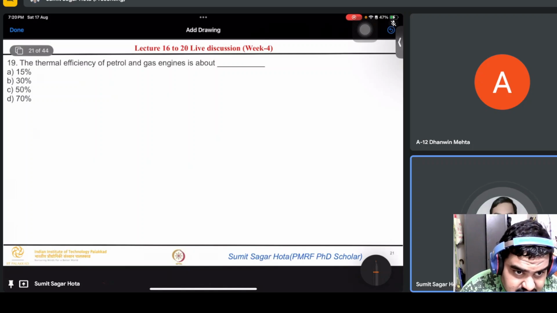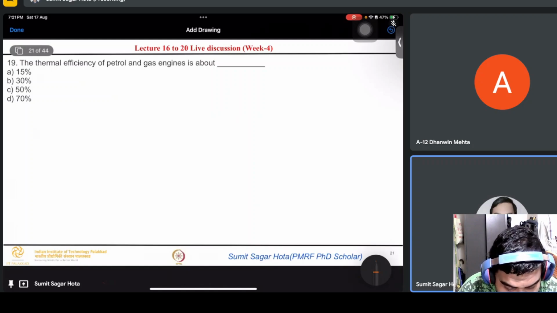The thermal efficiency of the petrol and gas engine is about what? The petrol engine has very low efficiency as compared to the diesel engine.